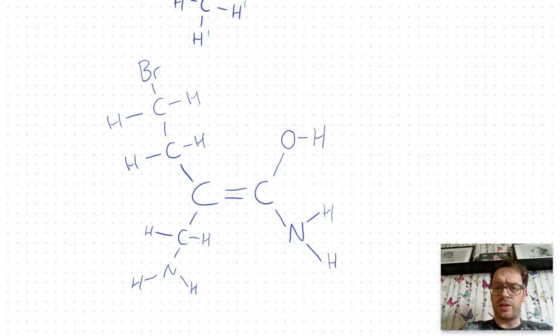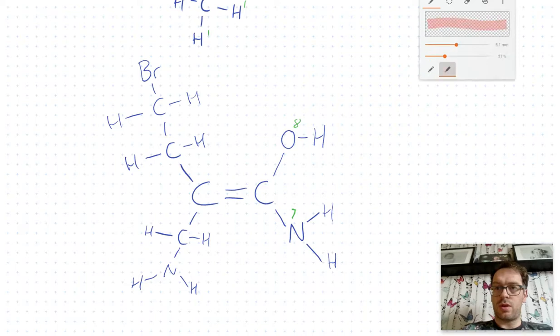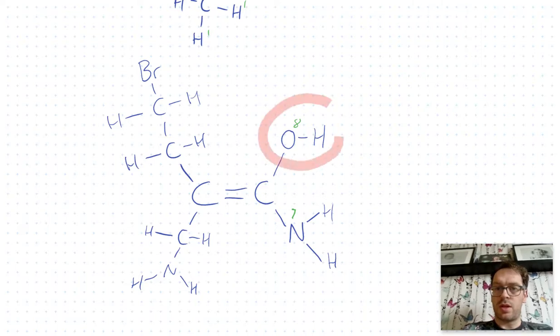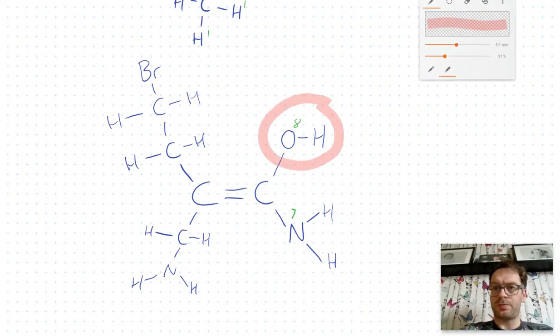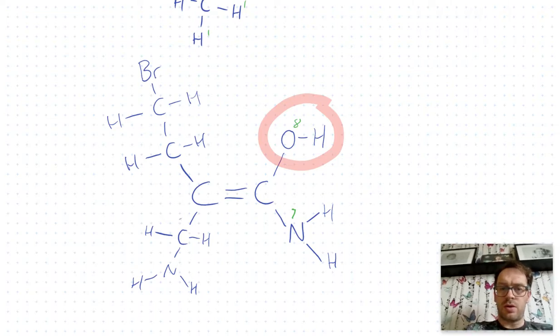Right hand side I'll do first, much easier. So oxygen at the top there, atomic number of 8. Nitrogen at the bottom, atomic number of 7. So that means that priority group is the OH. If we go on to the left, so we've got 6 and 6.